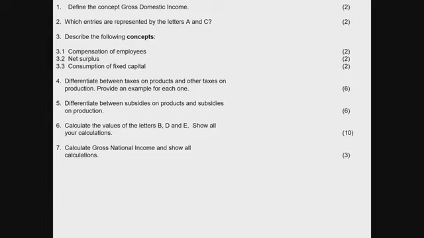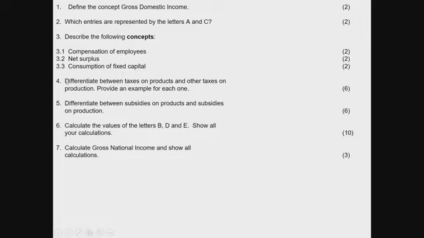Your net surplus represents your profit after tax. So that would be the income for the factor of production, entrepreneurship. And then your consumption of fixed capital, that is also known as depreciation, because here you're looking at the value of the fixed capital being reduced the more you use the fixed capital.